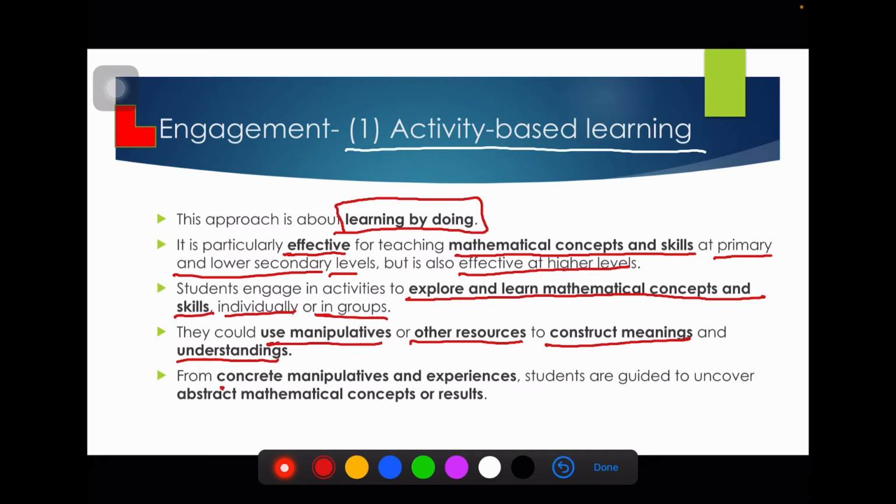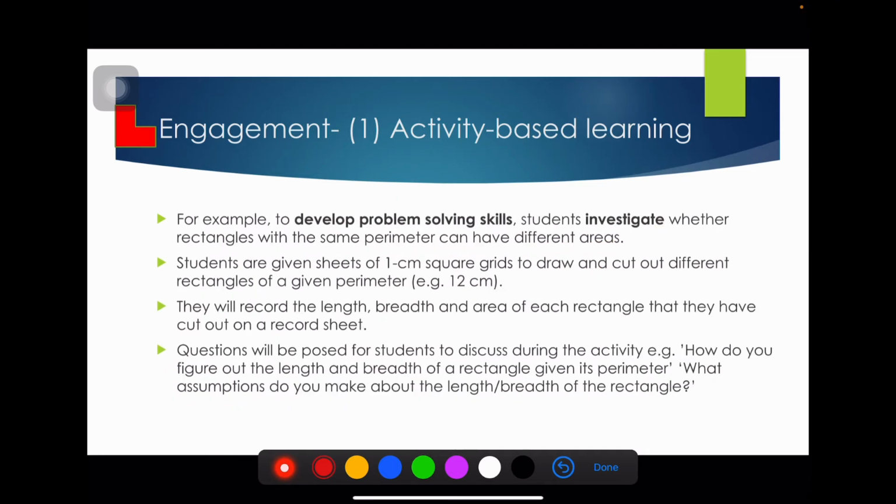So from concrete manipulatives and experiences, students are guided to uncover abstract mathematical concepts or results. Still activity-based learning. For example, to develop problem-solving skills, students investigate whether rectangles with the same perimeter can have different areas.